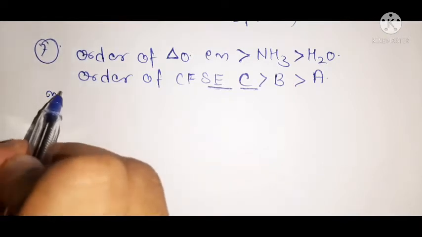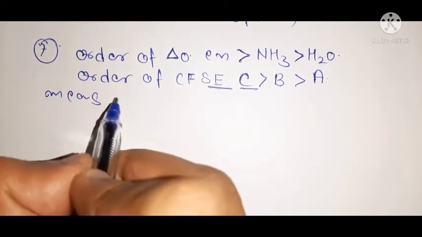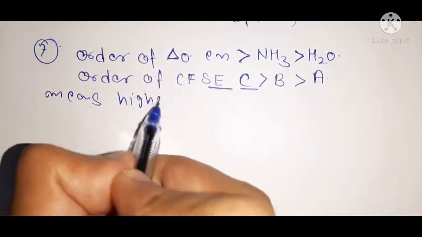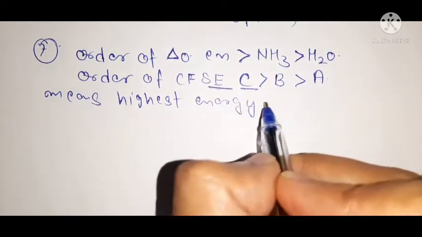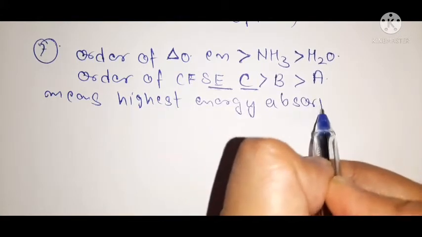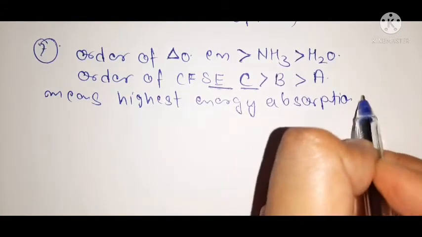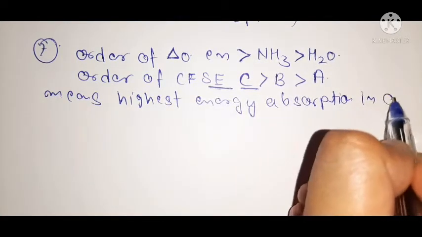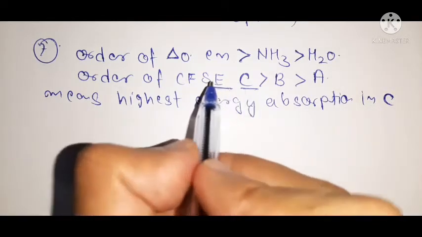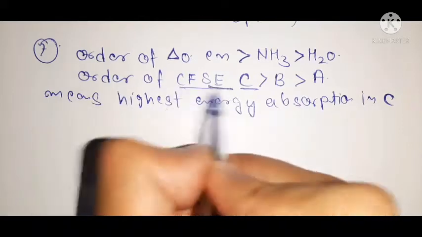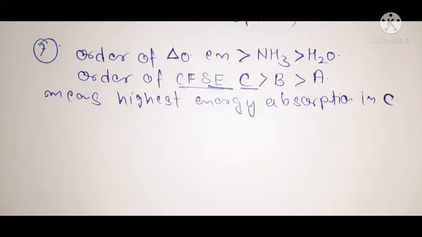Okay, so means highest energy absorption in C. In complex C, which contains ethylene diamine, because according to this order of CFSE. Okay, so that means when we know there is a relation between the energy and wavelength.